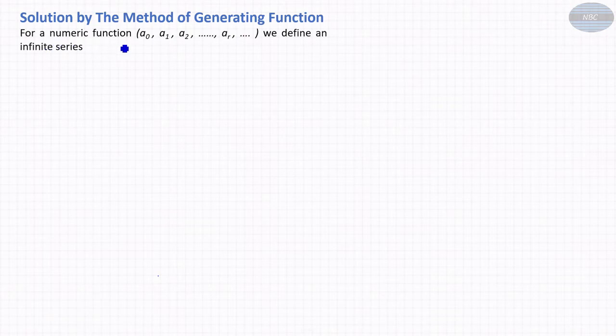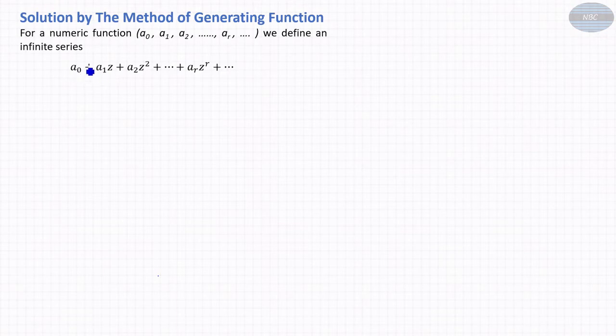In this lecture, we study the solution by the method of generating function. Before going to the problem, we once again repeat what a generating function is. For a numeric function a0, a1, up to ar and so on, we define an infinite series. In this infinite series, we introduce a variable z.